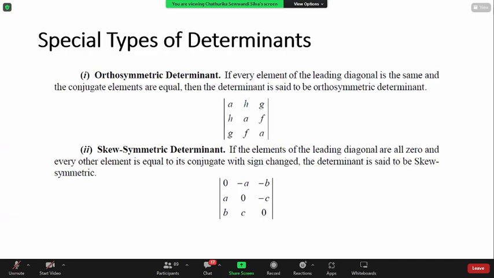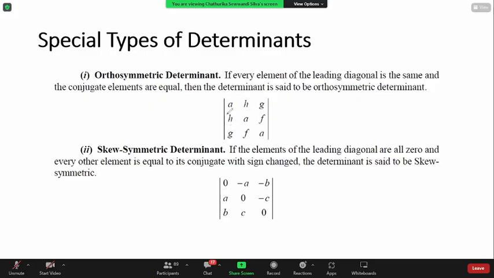Now they are telling something about special types of determinants. Orthosymmetric determinant: if every element of the leading diagonal is the same. Remember that in a symmetric matrix, almost all the elements along the diagonal are not the same. So what property are we checking in a symmetric matrix?